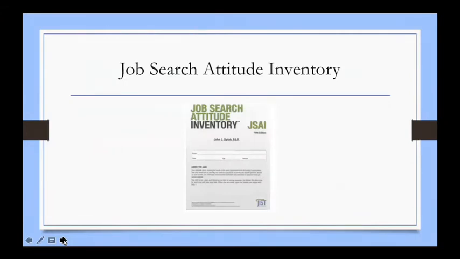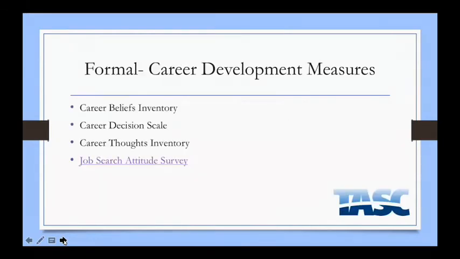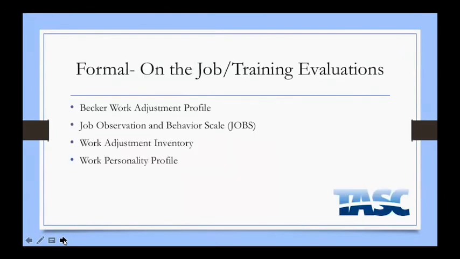The job search attitude inventory, I think there's 38 components on this one, and gives some really good data for the teachers. These are very specific skills that the teacher can help the student in developing with the attitude inventory. And it doesn't have to be this specific one. There's lots of other great ones, but it is important that we do look at some of those measures.